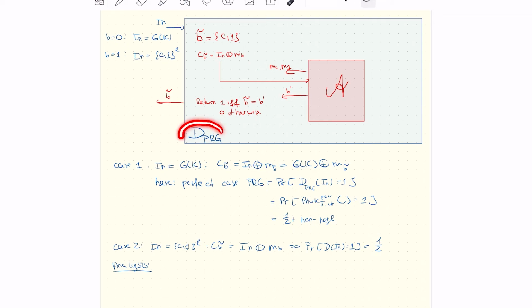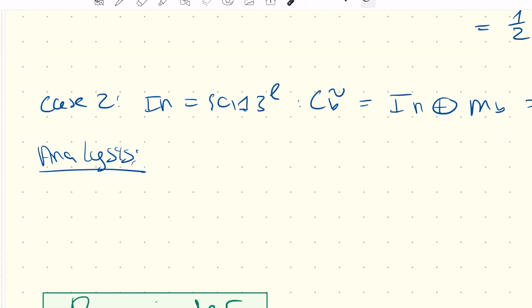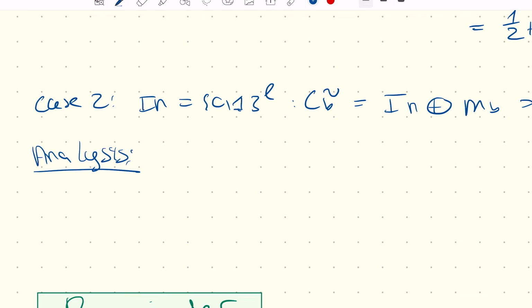First of all, we need to take a look at the running time of D. And it's kind of easy to see that D runs in polynomial time because A runs in polynomial time, and handling all this mapping here and this simple comparison can be done in polynomial time. This is important because sometimes reductions might in fact not be efficient anymore, and then there's nothing to show. So D_PRG is a polynomial time, and in particular probabilistic polynomial time algorithm.